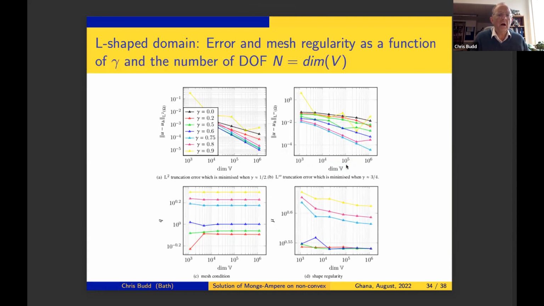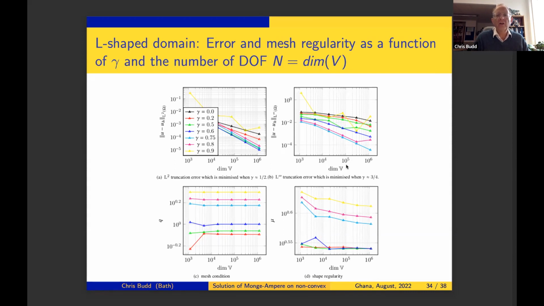Here's the error, again, as a function of gamma, as a function of number of degrees of freedom. The key thing here is to see that the black curve with gamma equal to 0 basically corresponds to a uniform mesh. The blue curve is the optimal mesh, and you get much faster rates of convergence, with L2 on the left and L-infinity on the right, with an adaptive mesh than you do for a uniform mesh.